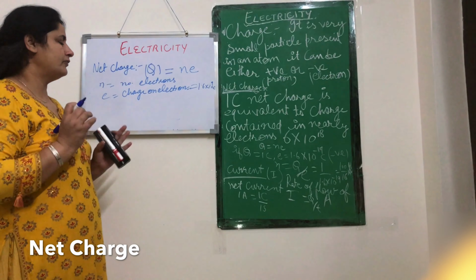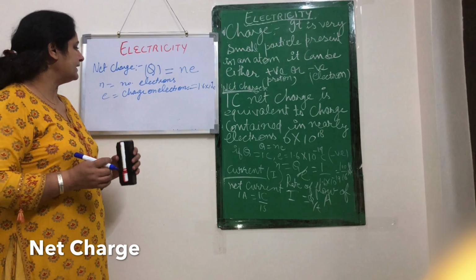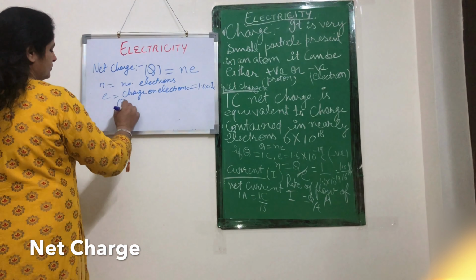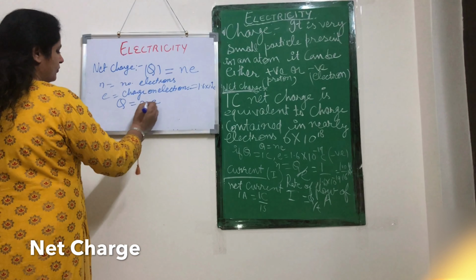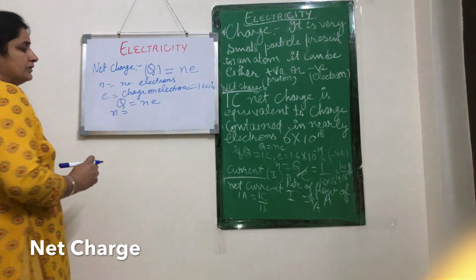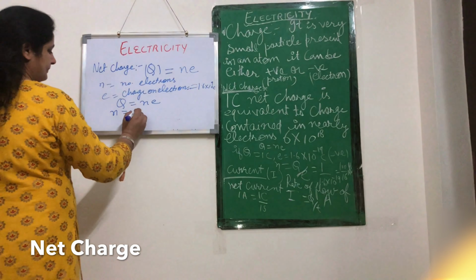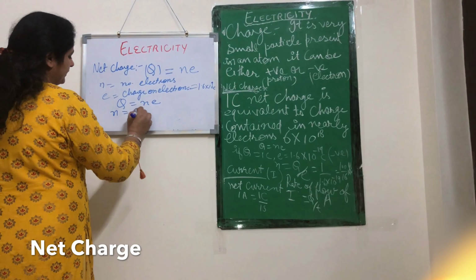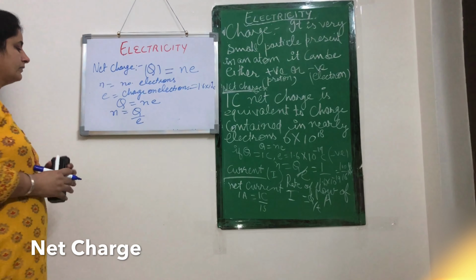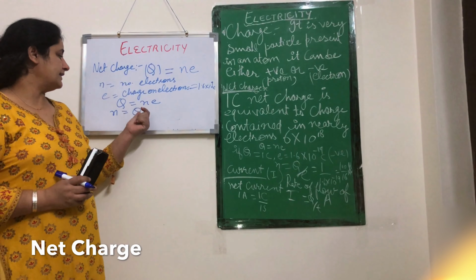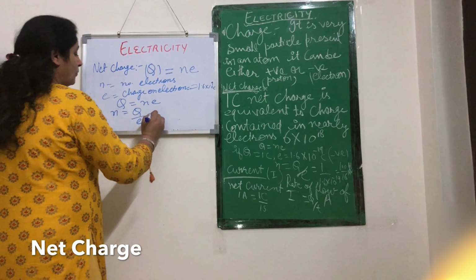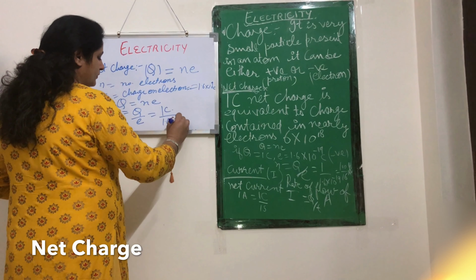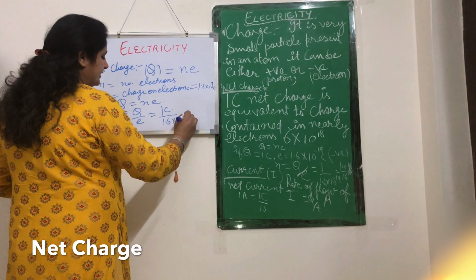And when you want to find out this net charge, it will always be Q equal to Ne, and if you want to find the number of electrons, N will be equal to Q upon e. Suppose the net charge is 1 coulomb, and the charge on electron is 1.6 into 10 raised to power minus 19.